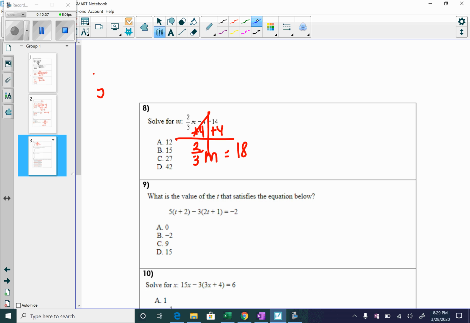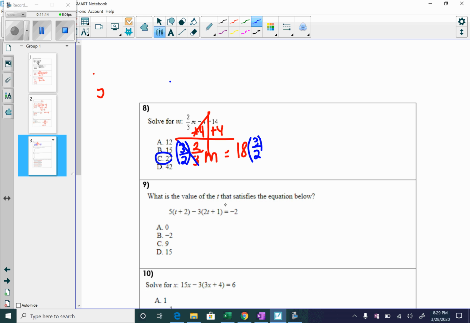I can either divide both sides by 2/3, or I can multiply by the reciprocal, 3/2. Whichever way you're more comfortable, you're going to get the same answer. So when you type this into the calculator, you get C, 27. Okay, and again, you shouldn't get a question like this wrong because you can plug in 27 for m into your calculator and type in 2/3 times 27 minus 4, and you'll get 14. So this is an easy one because you can check it.